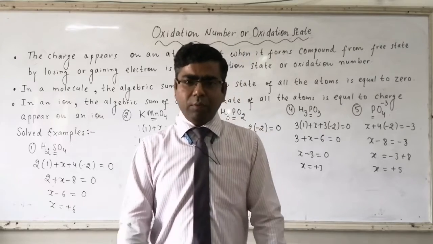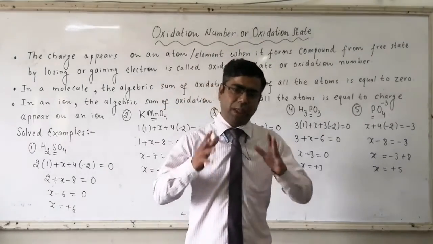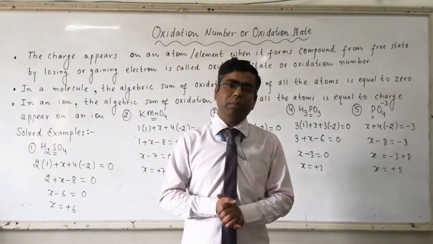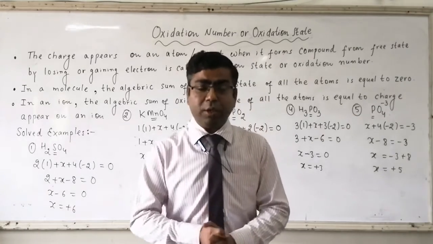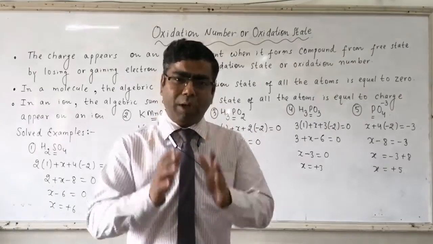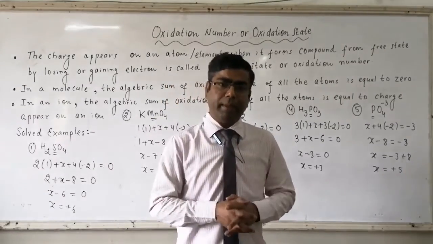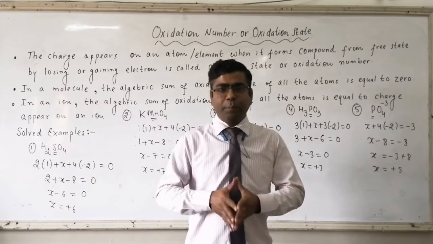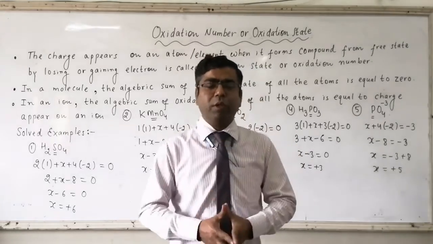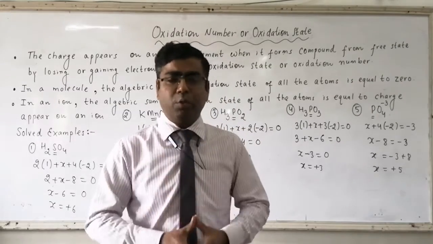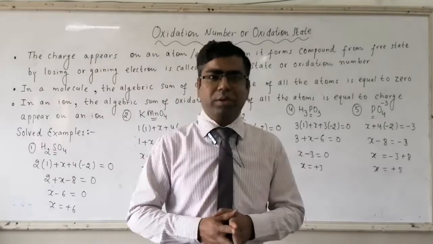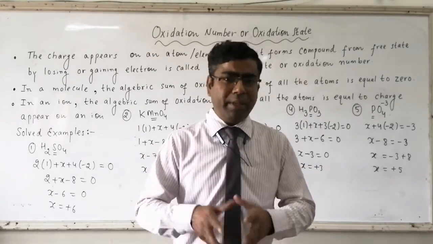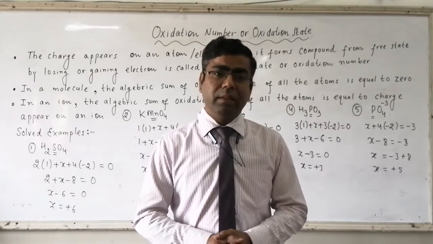Now, whenever we talk about any molecule, the algebraic sum of the oxidation states of all the atoms present in the molecule is always equal to 0. In other words, the positive oxidation state is always equal to the negative oxidation state in a molecule. But if we talk about an ion, it can be a positive ion or a negative ion, a cation or an anion.